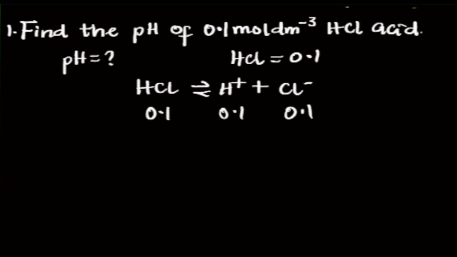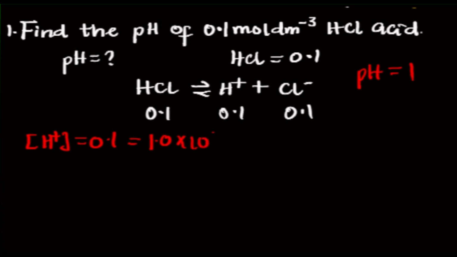Now, since we're asked to find the pH of 0.1 mole per dm cubed of hydrochloric acid, the pH is going to be equal to 1. And I'm going to explain how. Since the concentration of hydrogen ion that you're seeing here is 0.1 at equilibrium, which is the same thing as writing 1.0 multiplied by 10 raised to the power minus 1, and the same thing as writing 10 raised to the power minus 1.